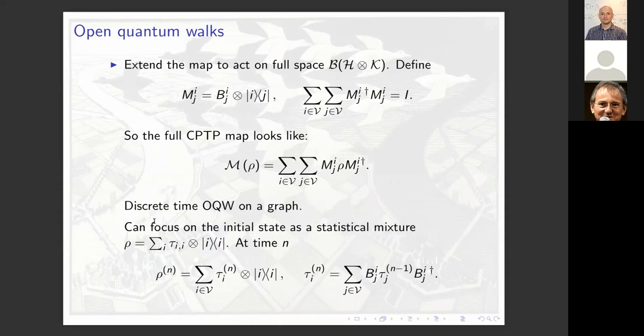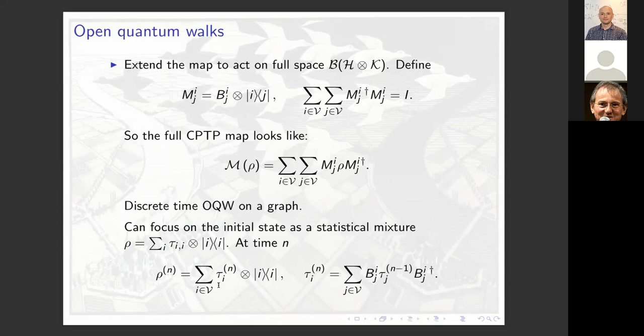So for all intents and purposes, we can really restrict our attention to a density matrix that's given by this expression. At some given time n, the state of the system could be given by this expression. Again, you have a sum over i.